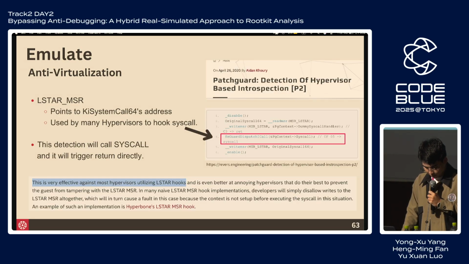And it also writes to the LSTAR MSR, which points to KiSystemCall64 by default. PatchGuard's editor blog notes this MSR is trapped by many hypervisors. PatchGuard detects hooks by writing a RET instruction and calling the syscall.